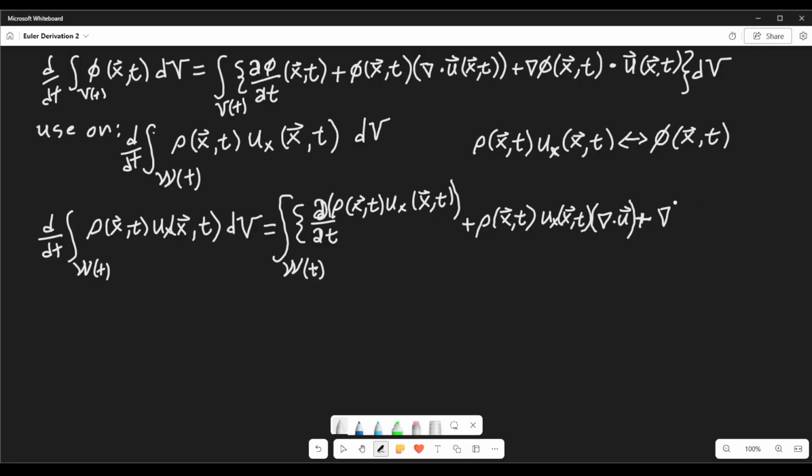And that's actually the divergence, not the gradient. And then this thing times rho. Dot product by u vector.